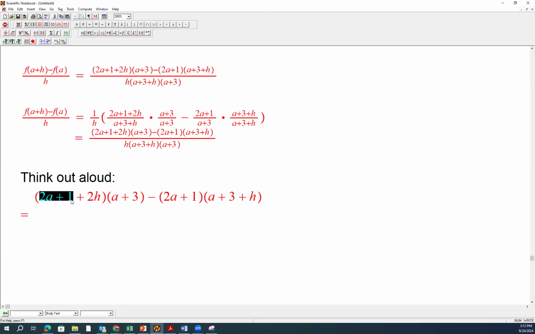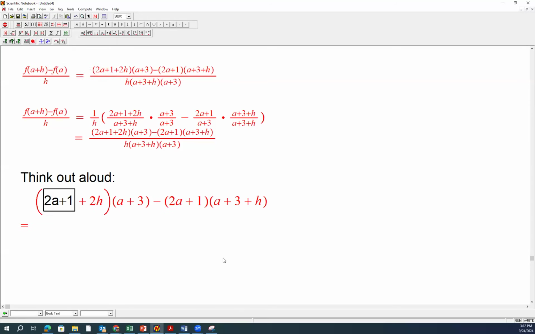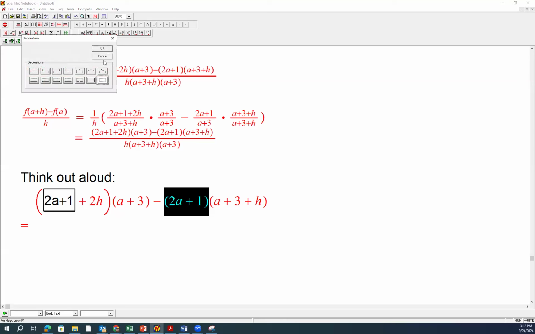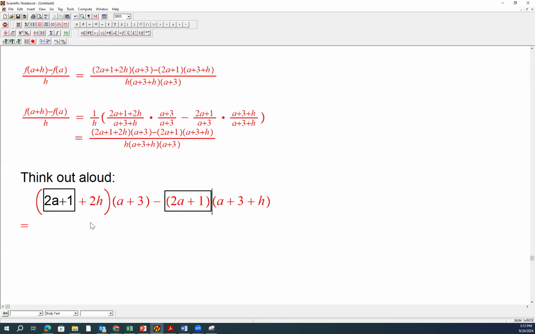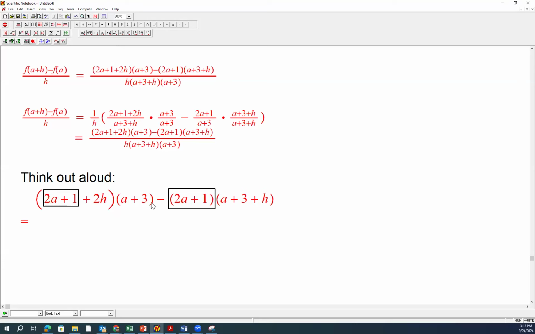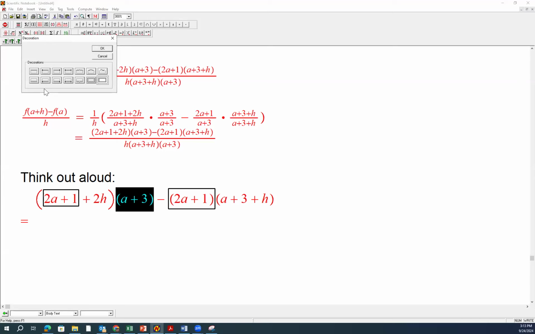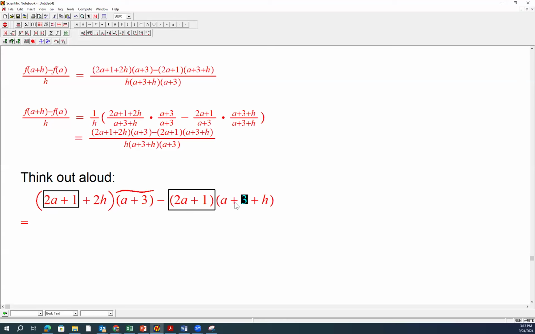I treat 2a plus 1 as one entity. So 2a plus 1 is one entity. Do you see that? And a plus 3, I would also treat as one entity.